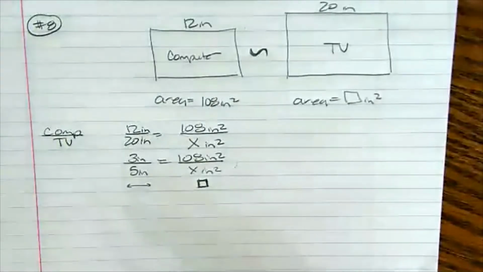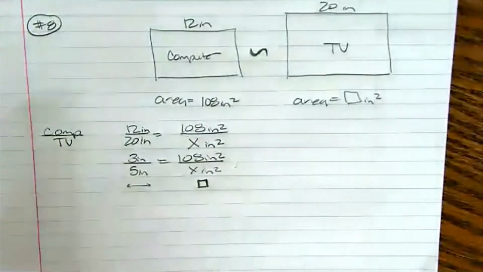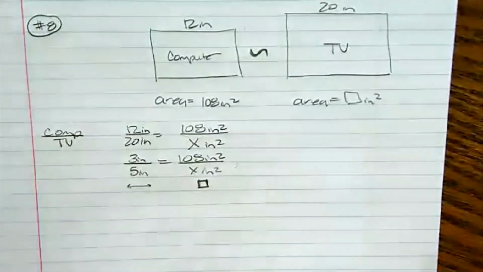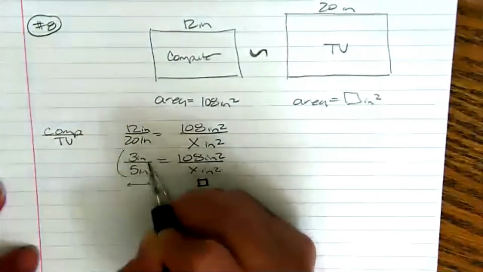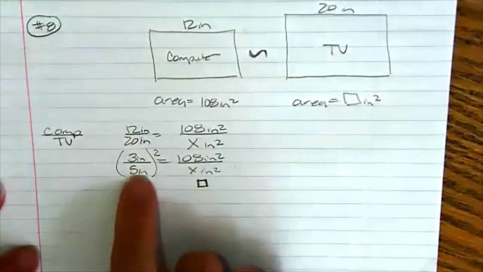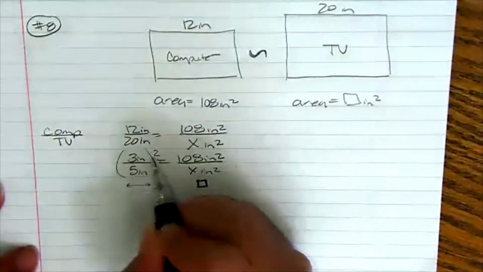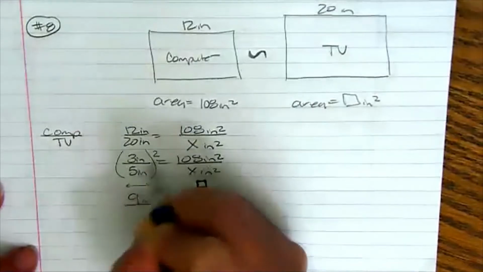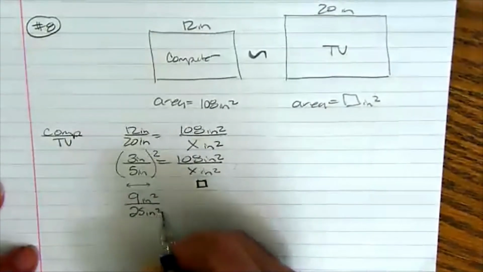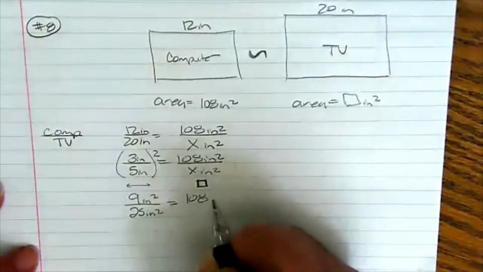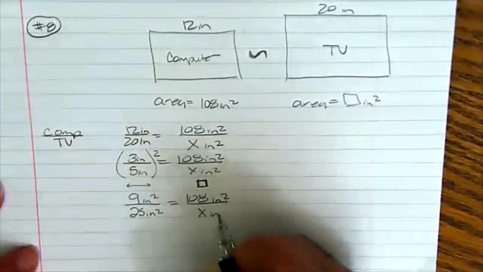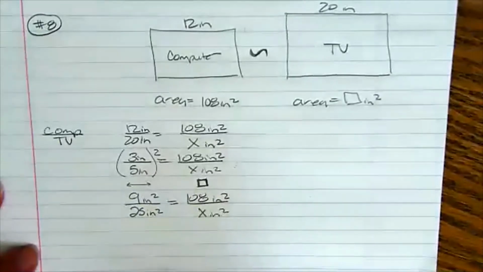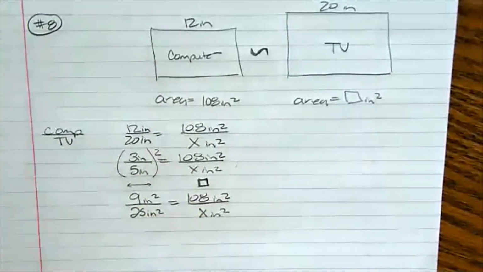So we need to make sure we're dealing with the same thing on both sides. So what we can do, we can square this. So now 3 squared is 9 inches squared. 5 squared is 25 inches squared. Now we have inches squared and inches squared. We're comparing apples to apples now.